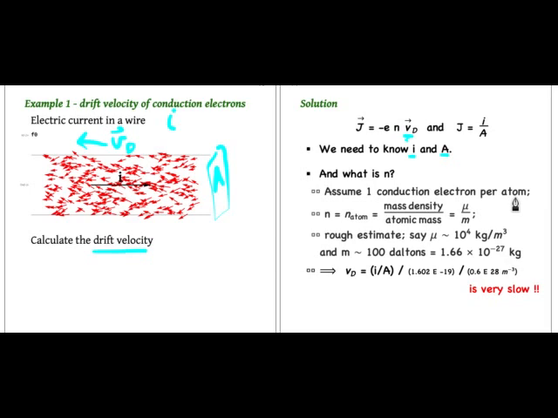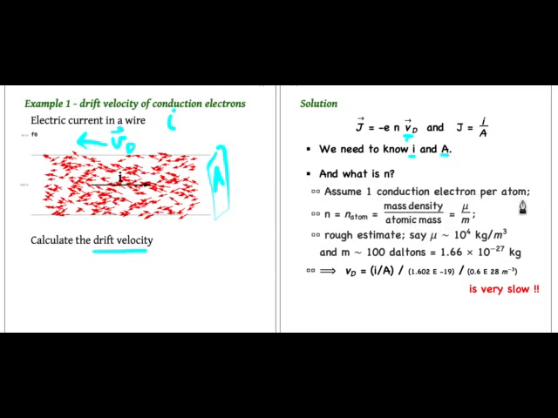In other words, let's say it's copper, one of the electrons in a copper atom is free to move long distances throughout the wire and make up a current. So that means that the number density of conduction electrons is equal to the number density of atoms. Now, what's the number density of atoms?